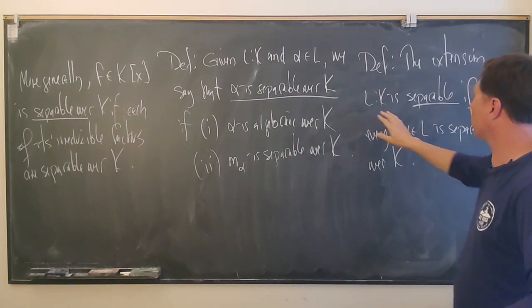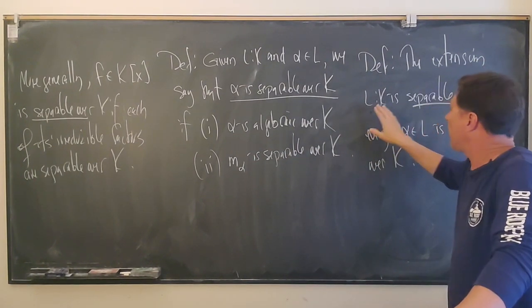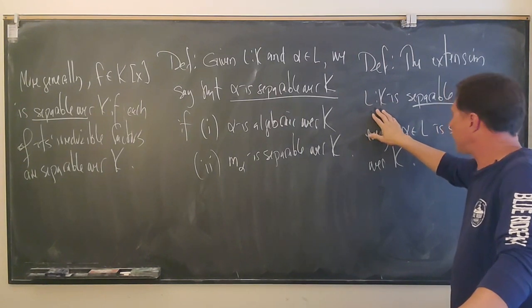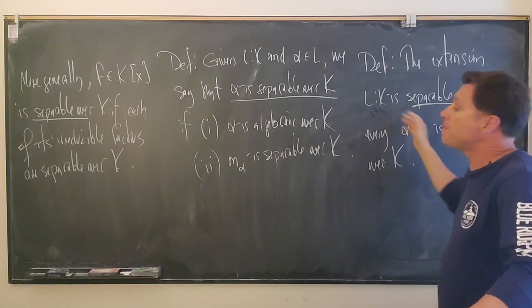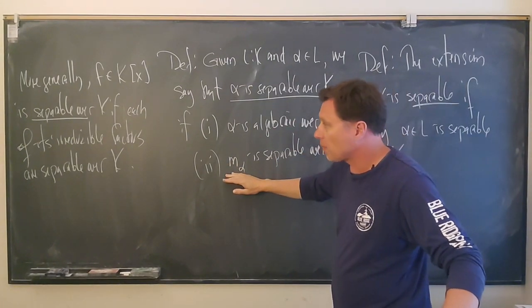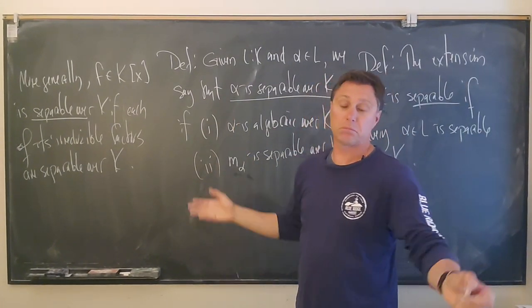We're going to be interested in separable extensions, and an extension is separable if every element of the big field has a minimal polynomial that has no repeated roots.